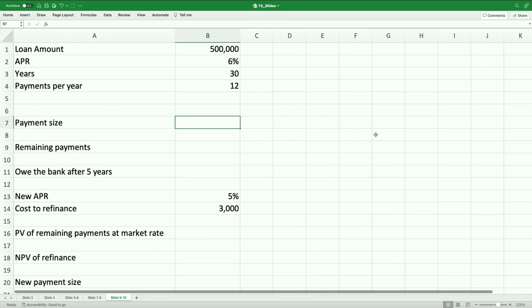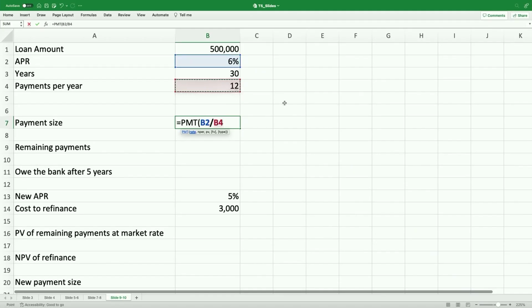And so hopefully you're getting comfortable with calculating these loan payment sizes. This is the PMT function, aka solving for the CF, the cash flow part of the annuity present value formula. So PMT says, all right, what is your rate? Okay, the rate is the APR of 6%, right, divided by 12.